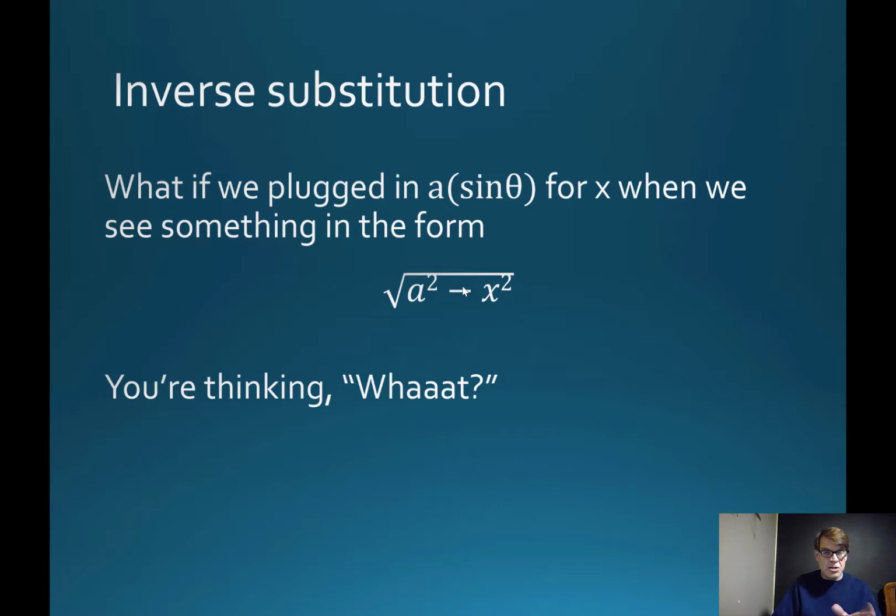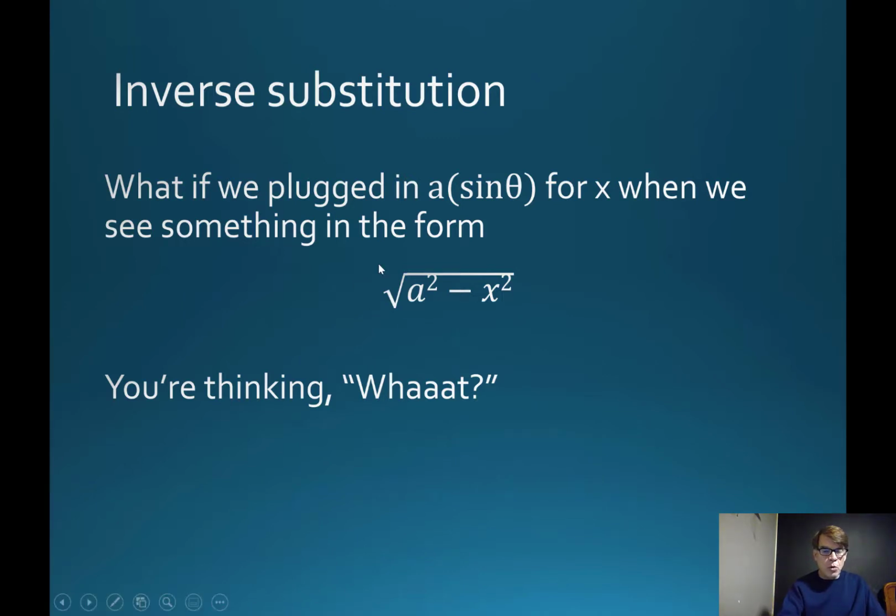There's a relationship between this kind of setup where you have a square root of x squared plus a squared, or a squared minus x squared, or x squared minus a squared, that particularly fits the Pythagorean situation of sine, tangent, and secant. So anyway, it works. Ours is not to question why, ours is just to do or die. So just go with it if you don't follow it.